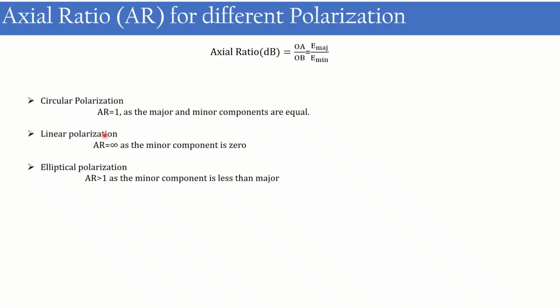In the case of linear polarization, there will be only one component or the slanting component, so the minor component in this case is 0, and the axial ratio will become infinity. In the case of elliptical polarization, the major component is more than the minor component, so it results in an axial ratio greater than 1. Sorry, this is just the axial ratio, not in dB. This is the linear scale.